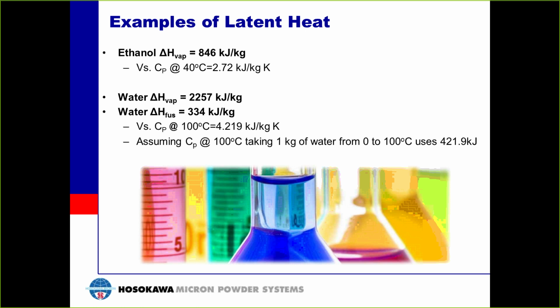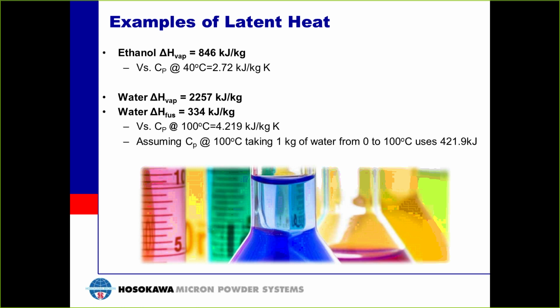Another interesting point: if you look at water, the maximum specific heat between 0 and 100 degrees C just happens to fall at 100 degrees C. If you take that value and assume it's constant between 0 and 100, and then calculate the amount of energy it's going to take for 1 kilogram of water to go from 0 degrees C to 100 degrees C, you can see that you're only going to use 421.9 kilojoules.